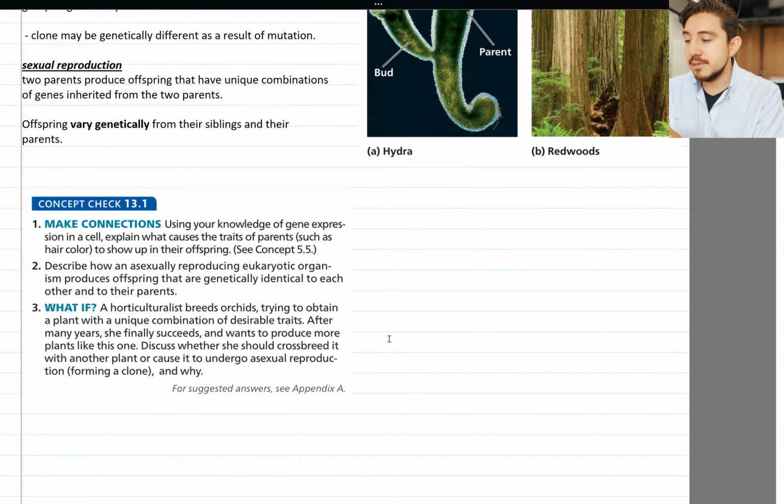Sexual reproduction is when two parents produce offspring that have a unique combination of genes inherited from both parents. So we as individuals are heterozygous. We have a unique combination of genes, and as we pass down these genes, they get shuffled around. That new individual organism will have a unique combination of these genes, so you're going to have variability.